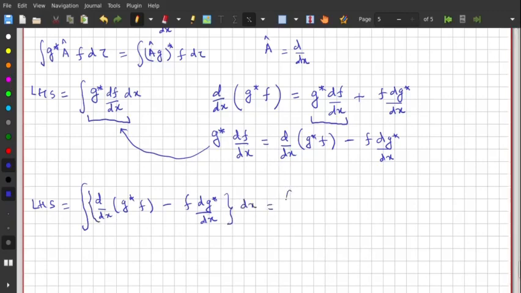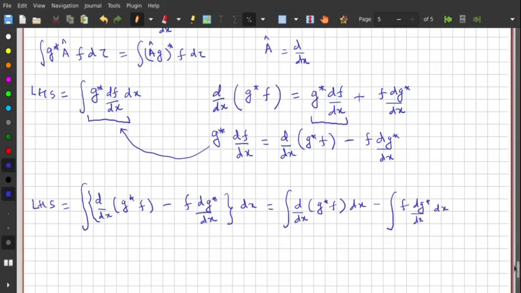This becomes the integral of d/dx of g star f dx minus the integral of f dg star/dx dx.